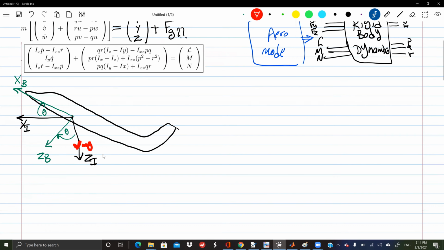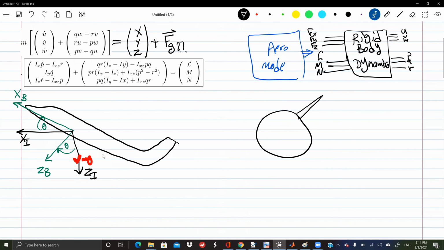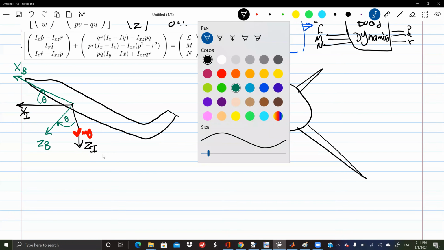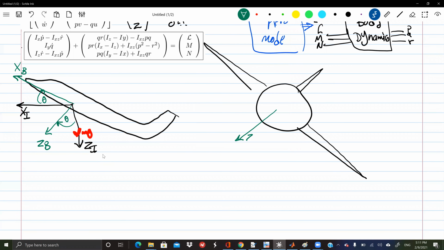But this is not the only rotation, right? As you guys know, we can have something like this. Again, this is the Z body because it rotates with the body.